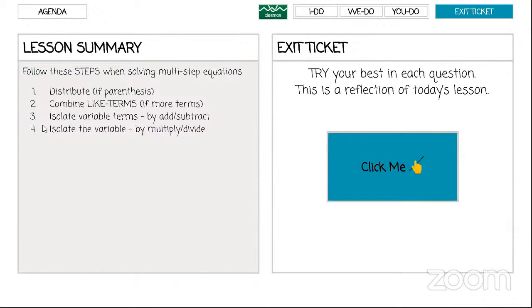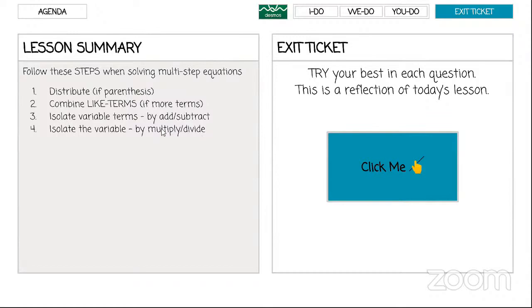So the last 2 steps are actually the same steps that we always do in the if-then method when we solve equations. It's isolating the variable term by adding and subtracting the number that comes after the variable term, and isolating the variable, this is the last step, by multiplying or dividing by the same number that comes in front of the variable.